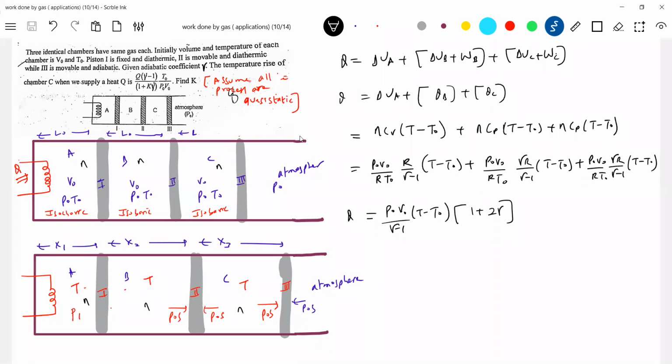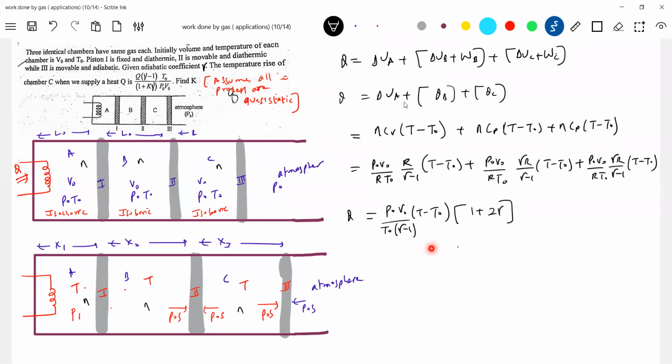Yes, and I want the number of moles. There should be T naught in the denominator. Yes, T naught will be there. The number of moles in a given chamber must be constant. Is it x1 equal to L naught in chamber A? But again, we don't know the pressure.